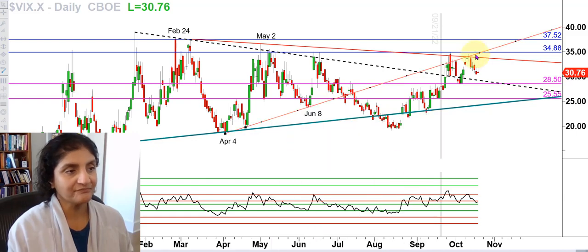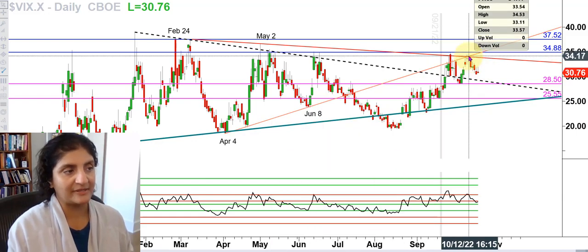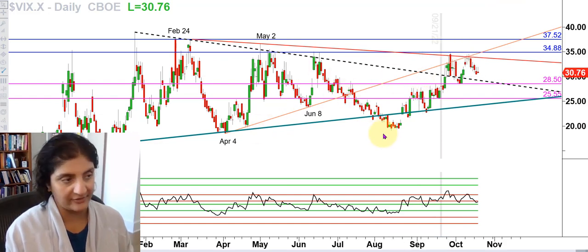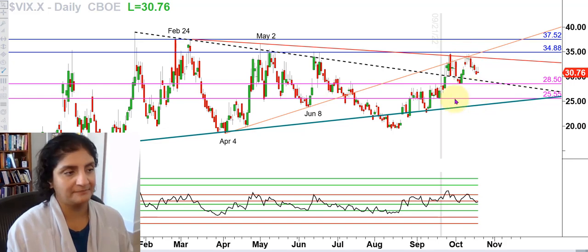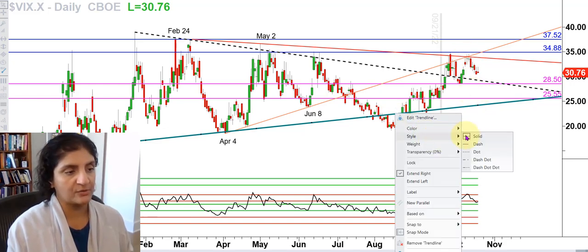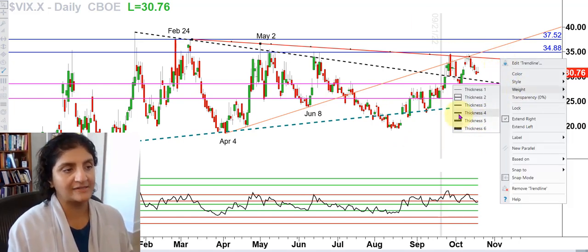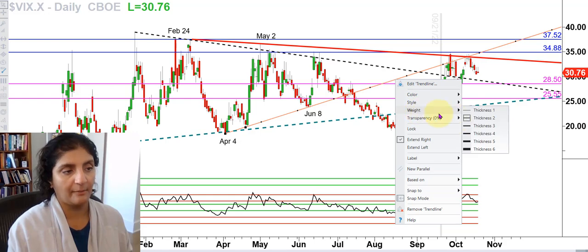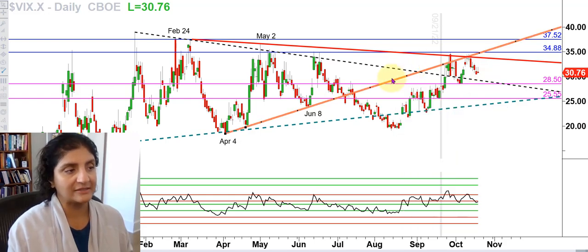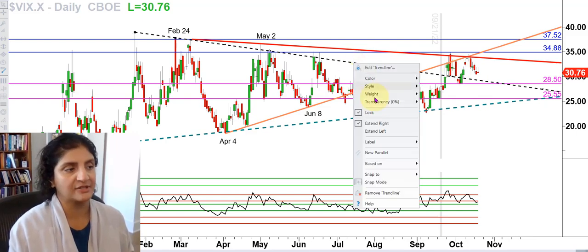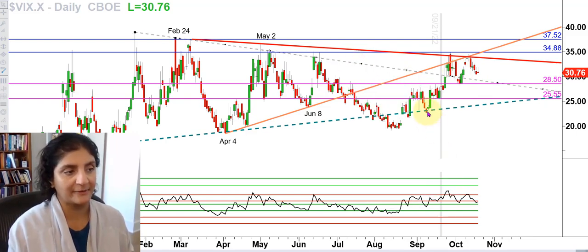And that one has been useful because we traded outside of it, but then the markets came back up and held it again. This longer term green one is not quite as useful, but not something you need to get rid of. So now we have greater emphasis on trend lines that are continuing to impact market action, but we still have the leftover details of the trend lines of the past. You can make them more transparent if you like.